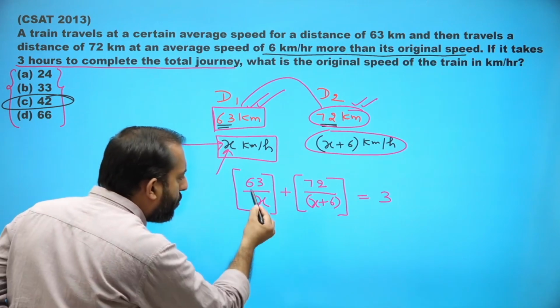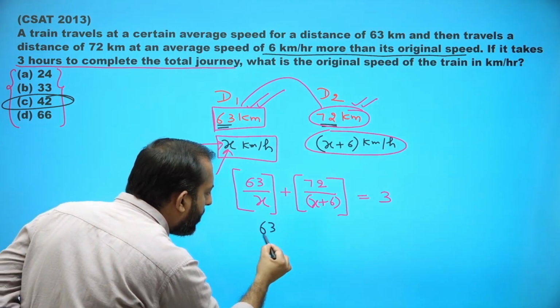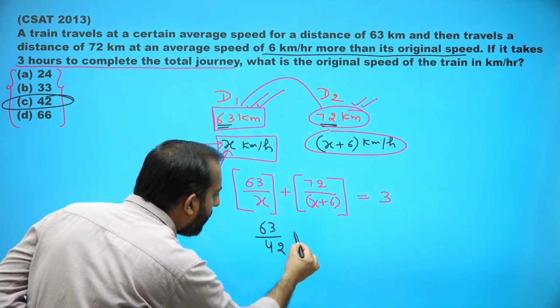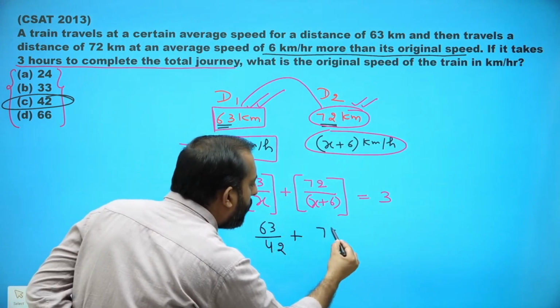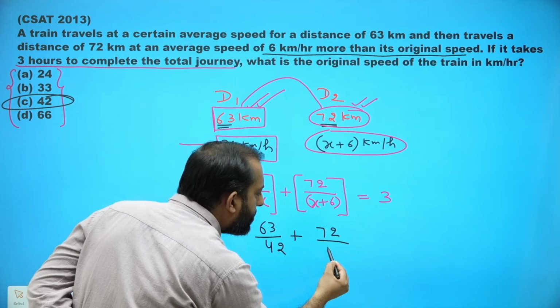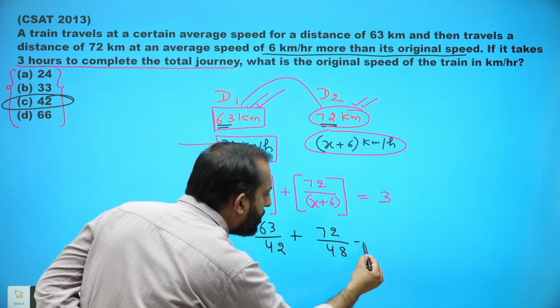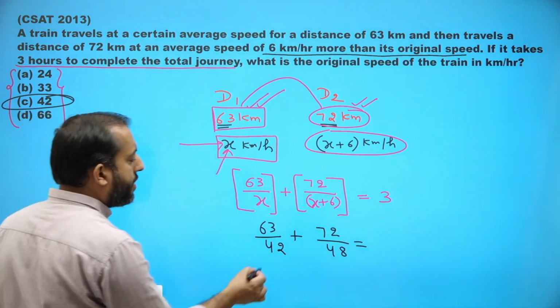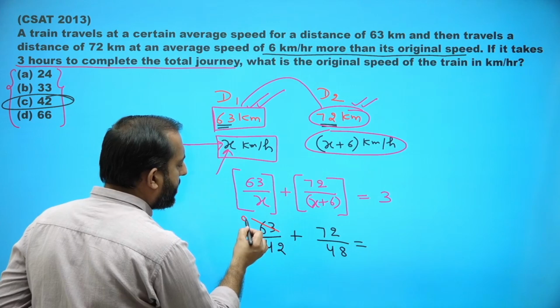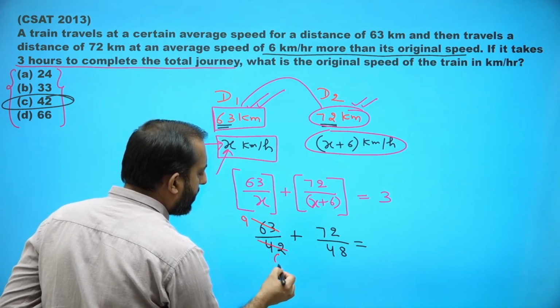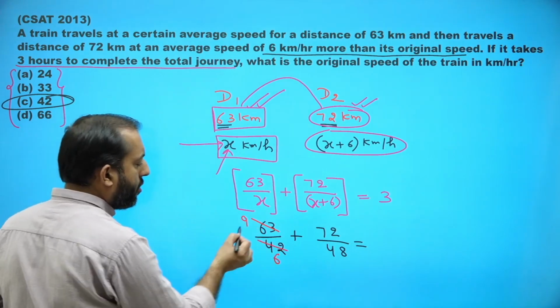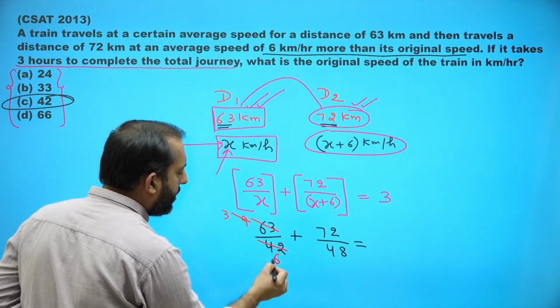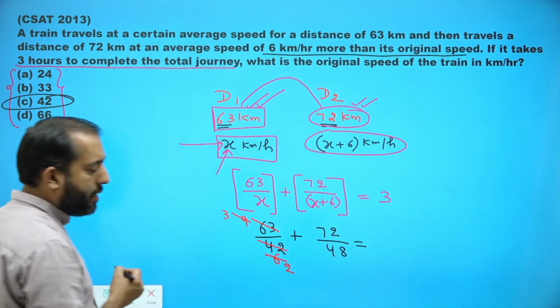If you assume x to be 42, then 63 upon 42 plus 72 upon 42 plus 6 is 48. Let's solve this. 7 nines are 63, 7 sixes are 42, 3 threes are 9, 3 twos are 6.